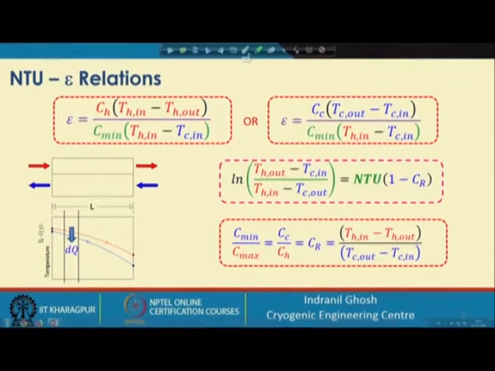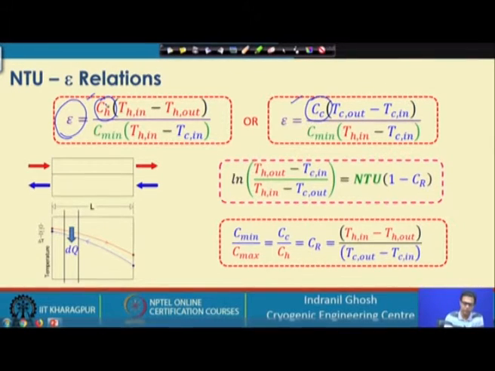this is the expression for the heat exchanger effectiveness. Either it can be expressed in terms of the hot fluid heat capacity, or it can also be expressed in terms of the cold fluid heat capacity, and depending on the hot fluid and the cold fluid being the minimum capacity fluid, we will either have this expression or this expression, and this may be cancelling out or may not cancel.